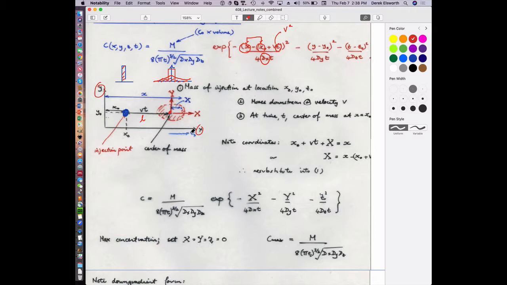X and Y fixed, this is where the house is, this is where X and Y are, the house is still here, this is where the plume's gone. If instead of choosing that fixed coordinate system, you choose a more moving coordinate system that always sits in the middle of the cloud, which is this origin here, and use uppercase X and uppercase Y to define X and Y relative to that, then the solution is much simpler.